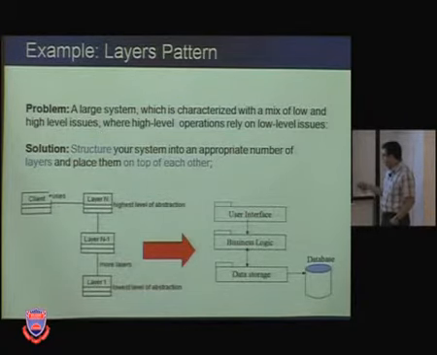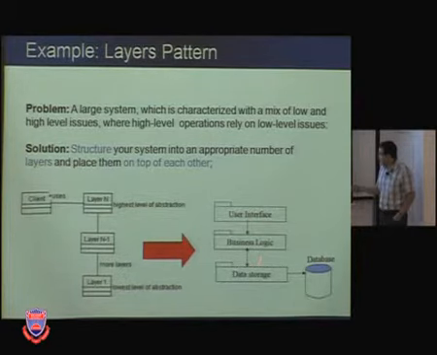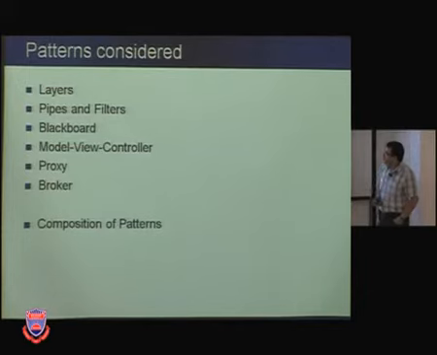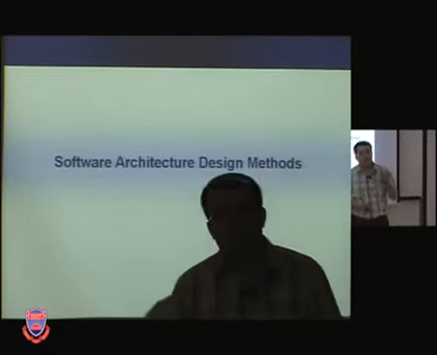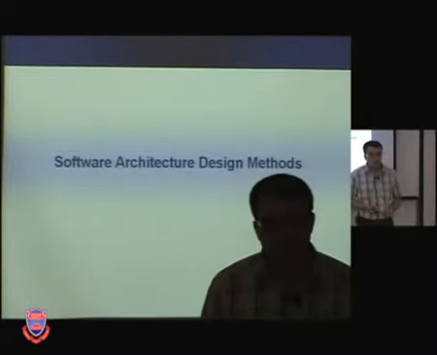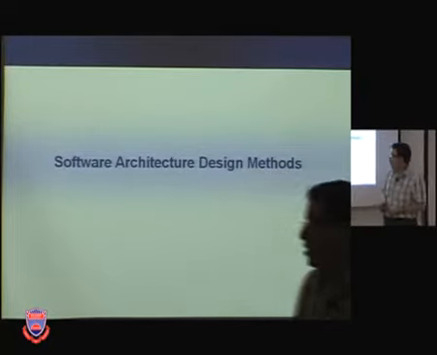In this example we have three layers, and data storage has some database layer. We have considered these patterns: layers, pipes and filters, blackboard, model view controller, broker, and some compositions of these patterns. So that covers modeling and architecture description languages, views, approaches, and patterns.